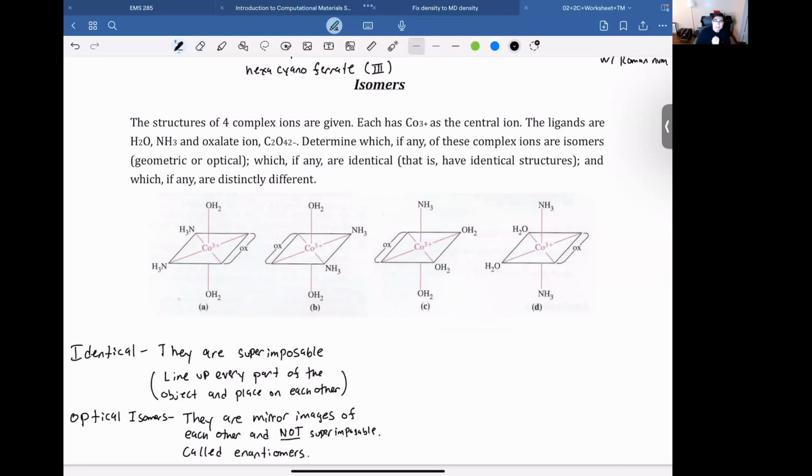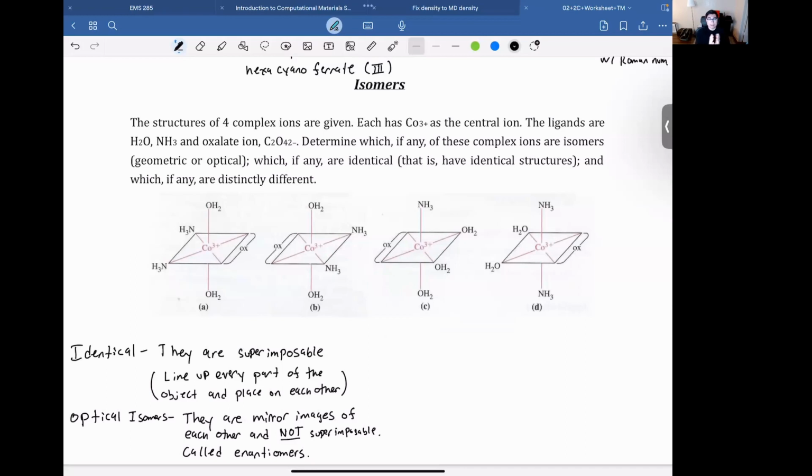One example of an optical isomer, or something that has a mirror image but is not superimposable, is your hands. Assuming you have symmetric hands, if you put them up to each other, you can see they're mirror images of each other, right? If I put my right hand up to a mirror, it would look like my left hand.